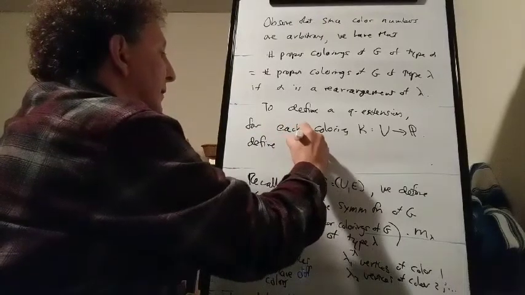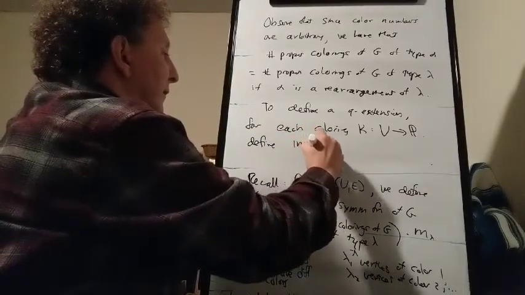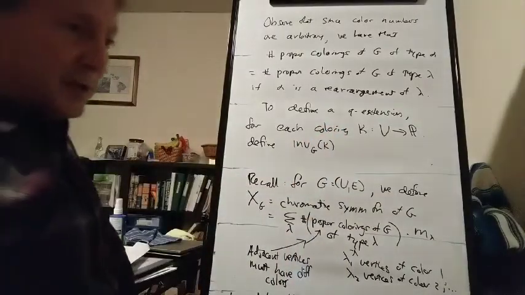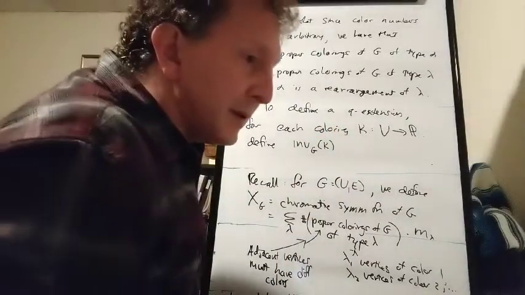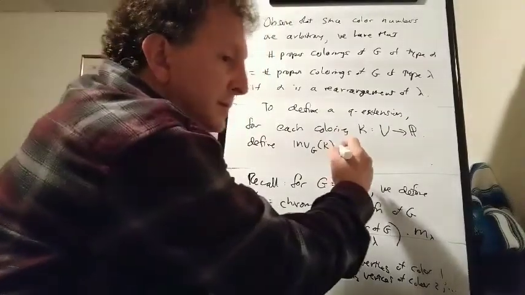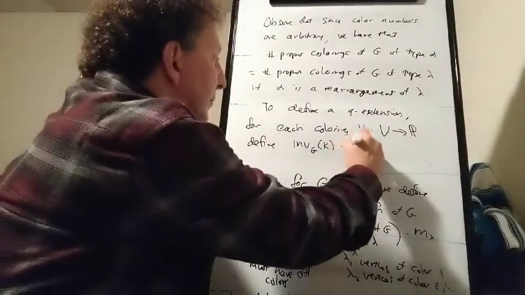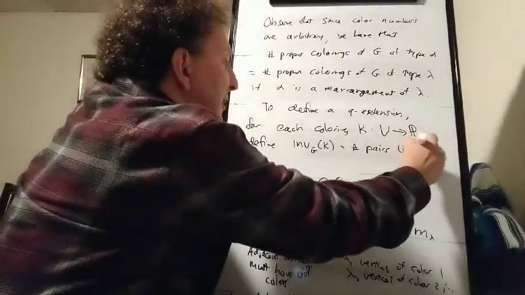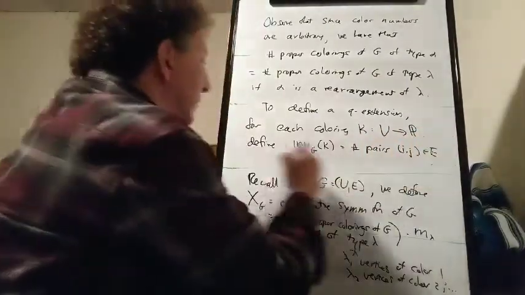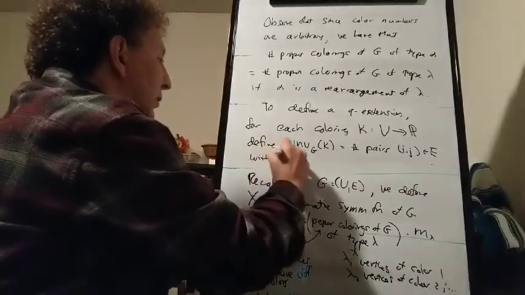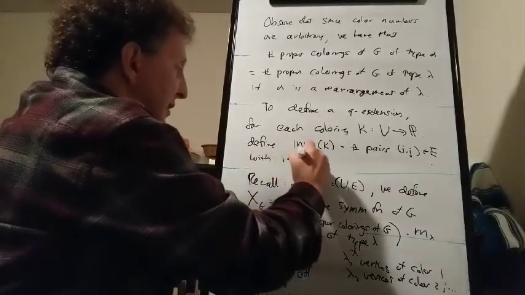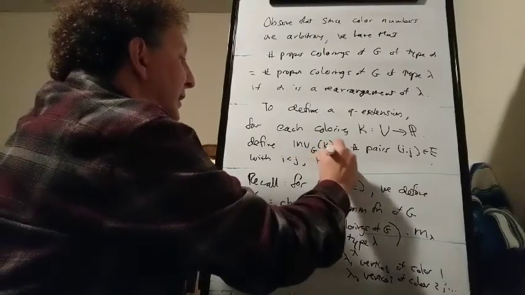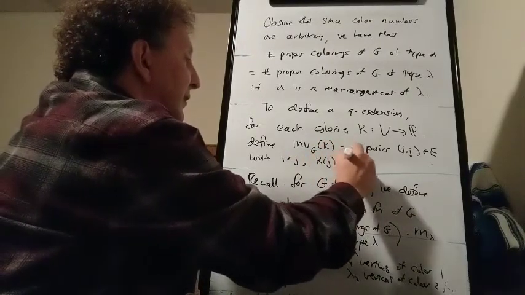Define the number of G inversions of kappa to be the number of pairs ij in the edge set with i less than j and the color of j less than the color of i.